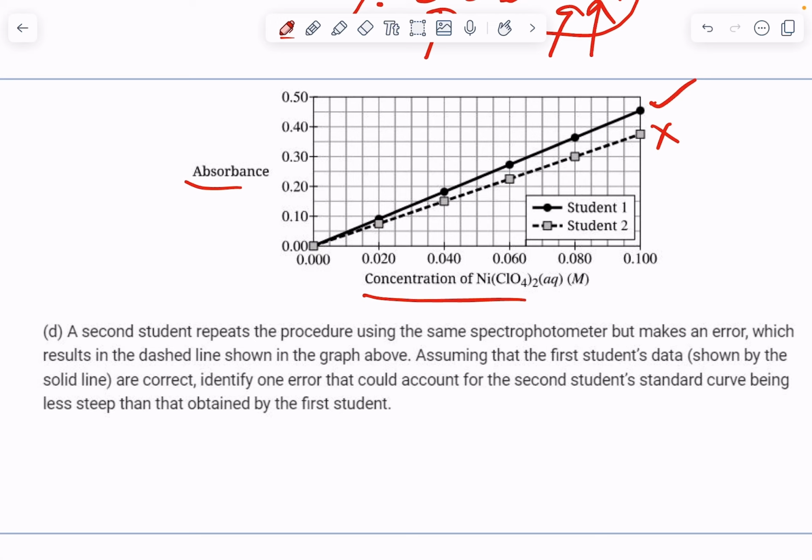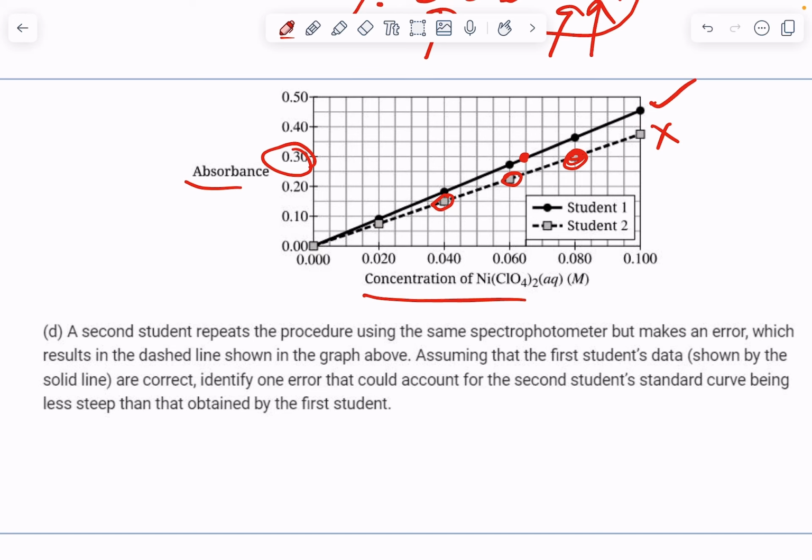Ultimately what I'm seeing here is that the concentrations are too high for the correct absorbance, right? If we're supposed to have an absorbance of 0.3, it should end up here. Instead, we're ending up over here with a higher concentration. So we are getting a higher concentration for the absorbances than we should.